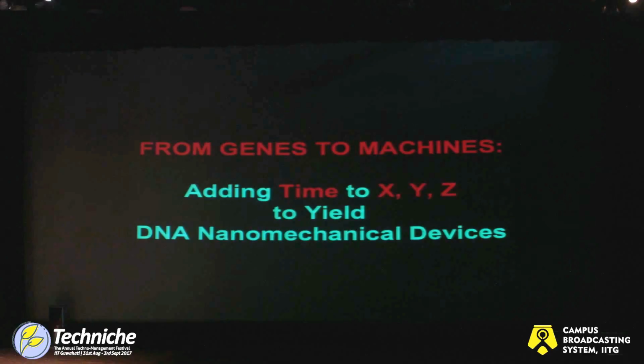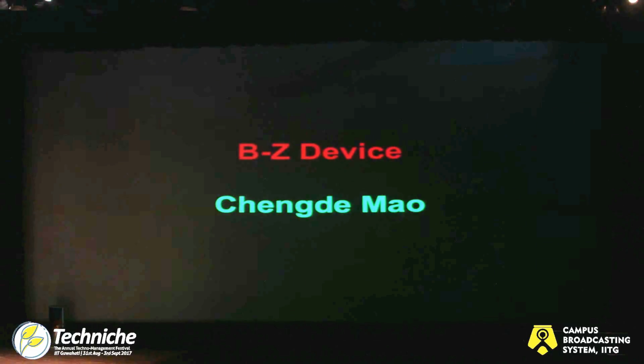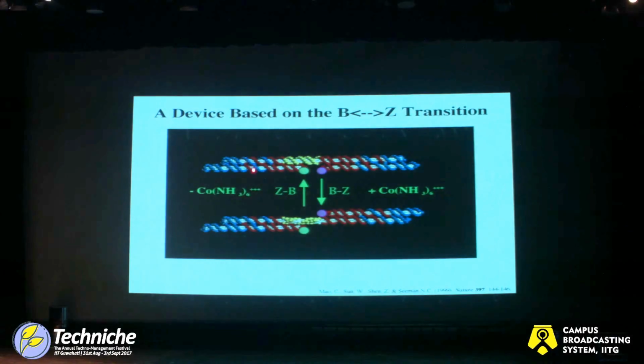So now let's move on from just structure to machines, and we're going to add time to our coordinates here. The first device was built by Chengde Mao in the lab back at the end of the last century, and it was based on the following notion.